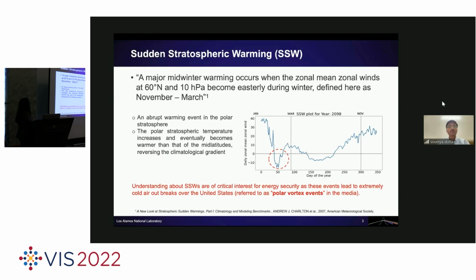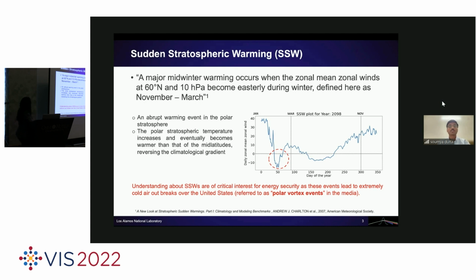So the way we define SSW is that it is a major midwinter warming that occurs when the zonal winds at 60° north and 10 hectopascal become easterly during winter, defined here as within the months of November to March. So this is basically an abrupt warming event in the polar stratosphere.